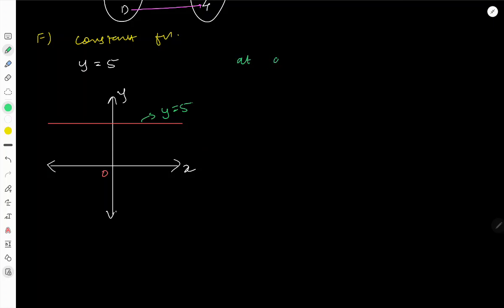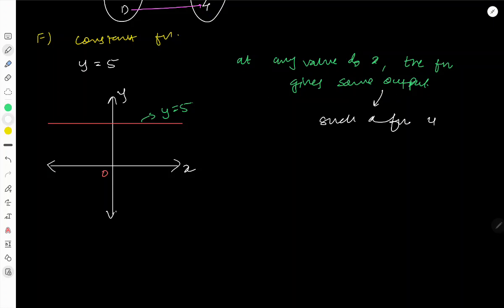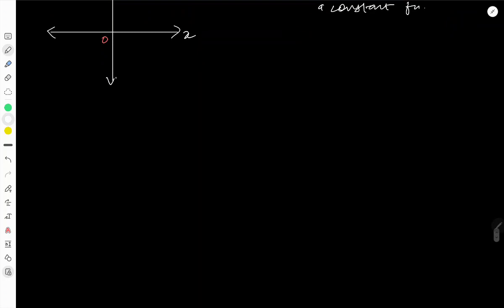So at any value of x, the function gives the same output. Such a function is a constant function. This is an obvious thing, but still I am discussing it.